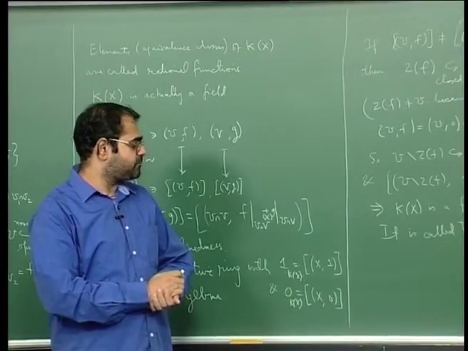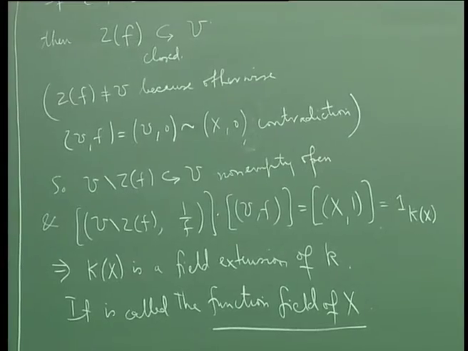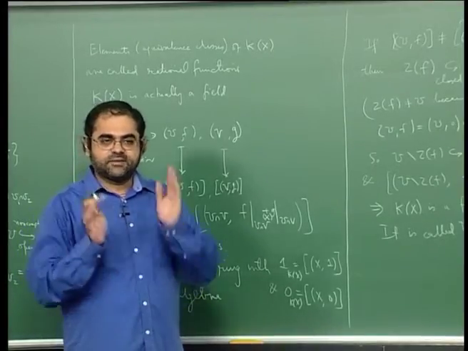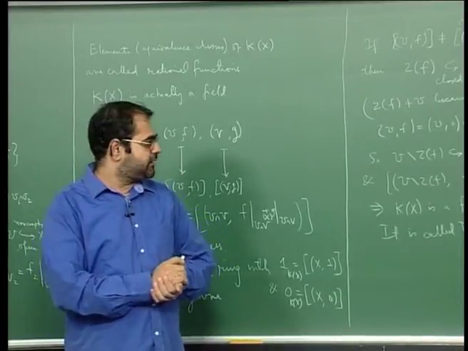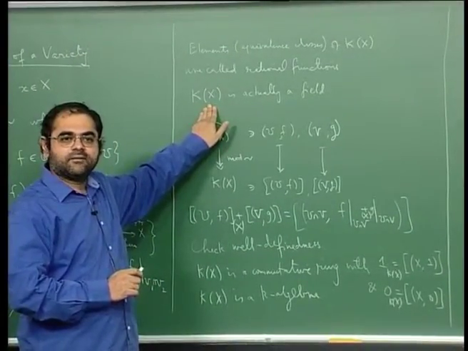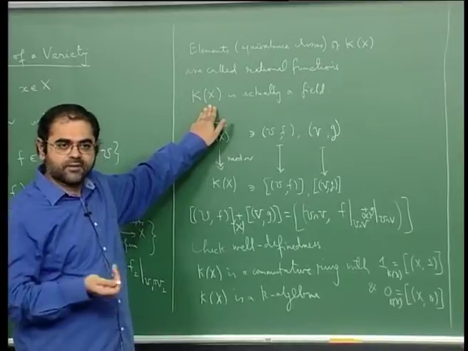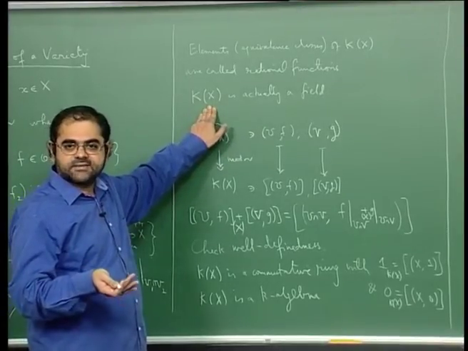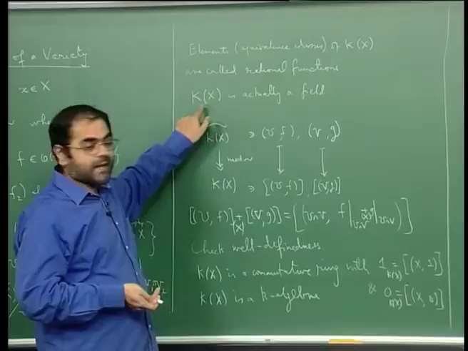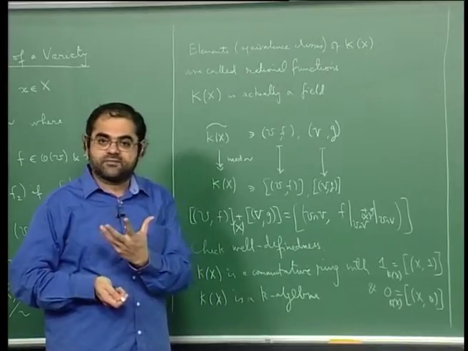The answer geometrically is that the function field of X will give you all the information that is true on a large open subset of X. This is the philosophical importance: Kx will contain all the information about X which you can find on a large open set. Of course any non-empty open set is large. So you take any general open set in X and properties that are valid on it will all be captured by Kx. So Kx geometrically captures what is happening on a large open set of X.